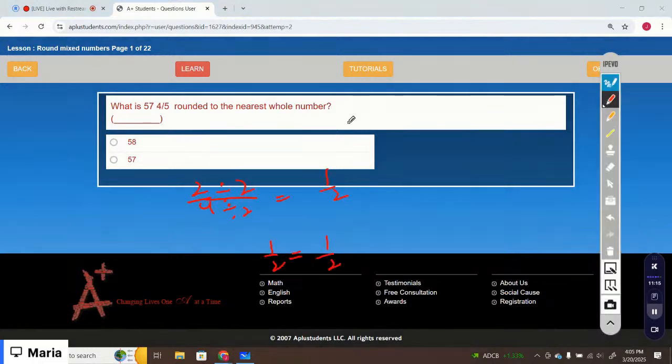So 57 whole 4 over 5. The fraction part is 4 by 5. So when you compare the fraction part to 1 by 2, 4 over 5 is greater than 1 by 2, right? So that means you need to round up. Round up means you need to add 1 to the whole number. So it would be rounded to 58.